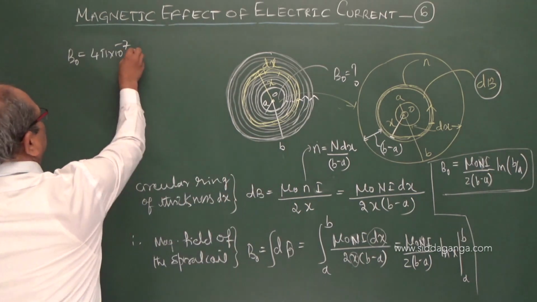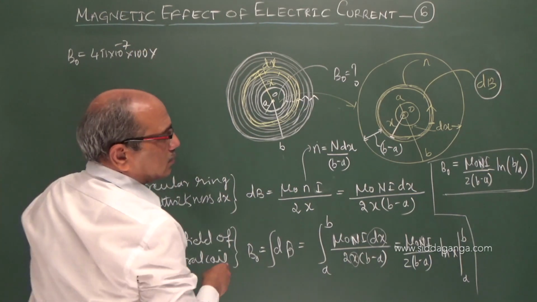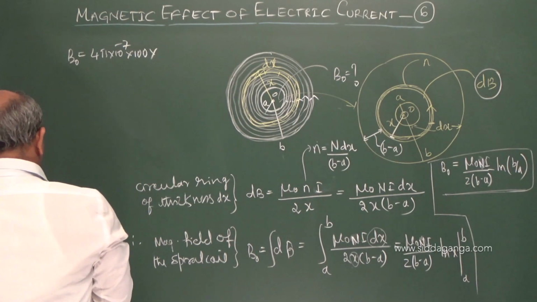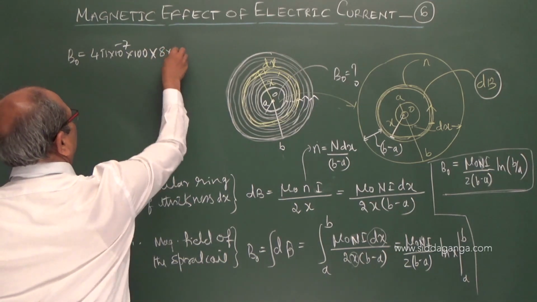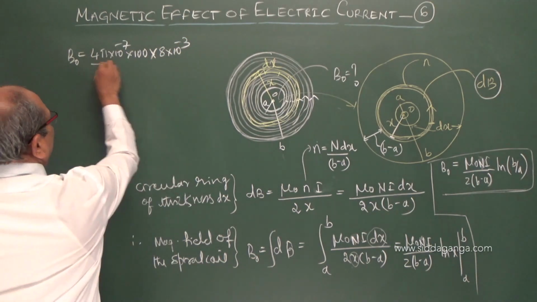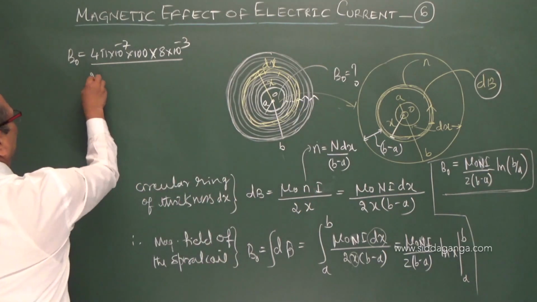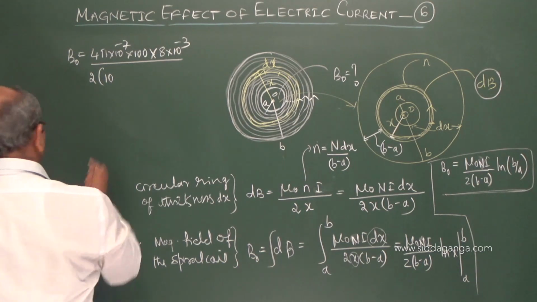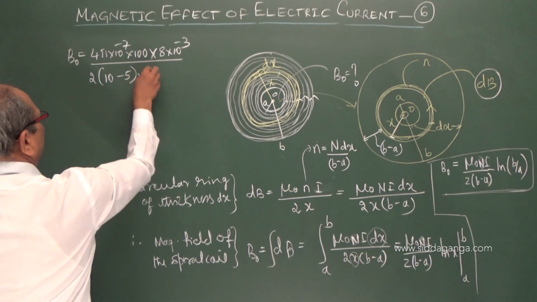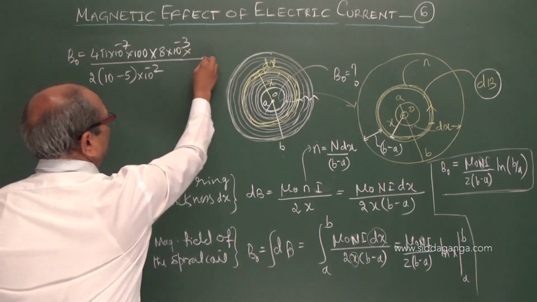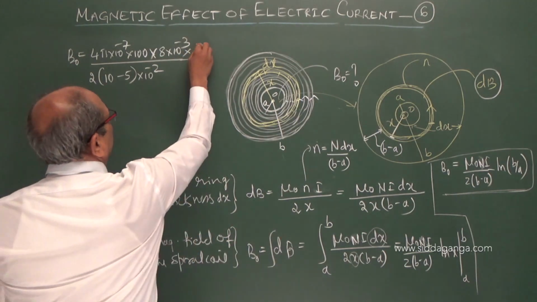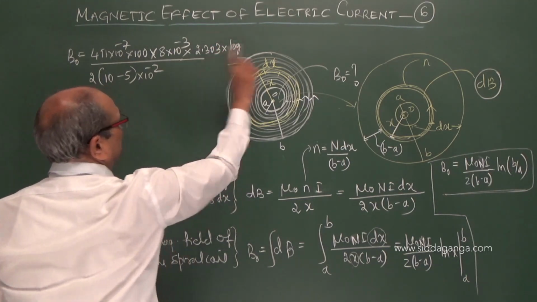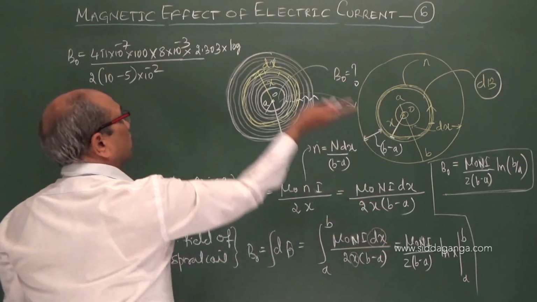So capital N is 100, given. The current given is 8 milliamps, 8 into 10 power minus 3, divided by 2 into b minus a, that is 10 minus 5 into 10 power minus 2, times log b by a. That is ln, you have to convert into log to the base 10.